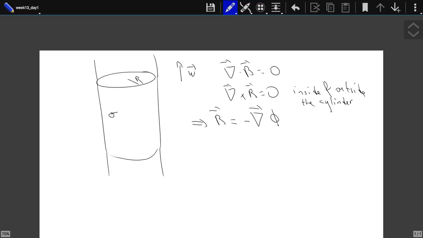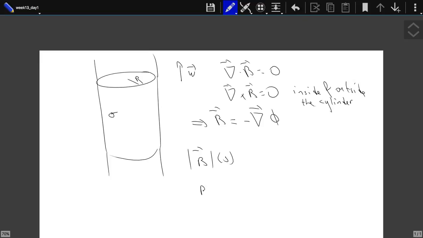So our system is rotationally symmetric. That is one thing. And it is also translationally symmetric along the z direction. Okay, so B, let's say its magnitude, can at most depend on the distance from the central axis and on nothing else.